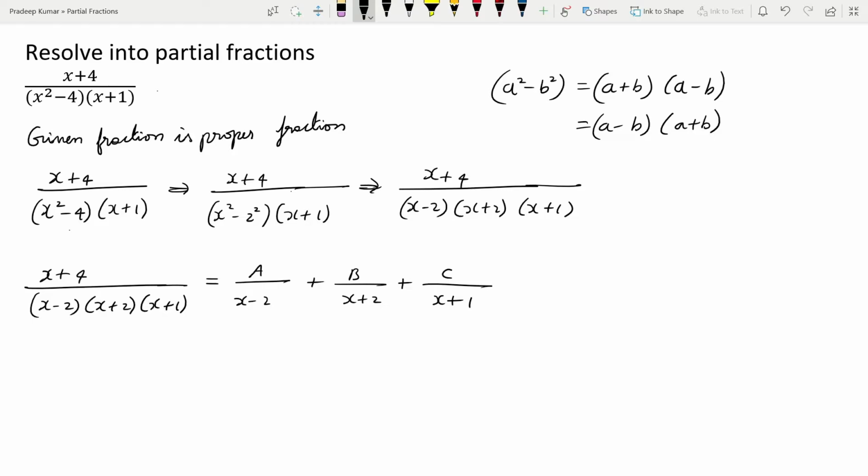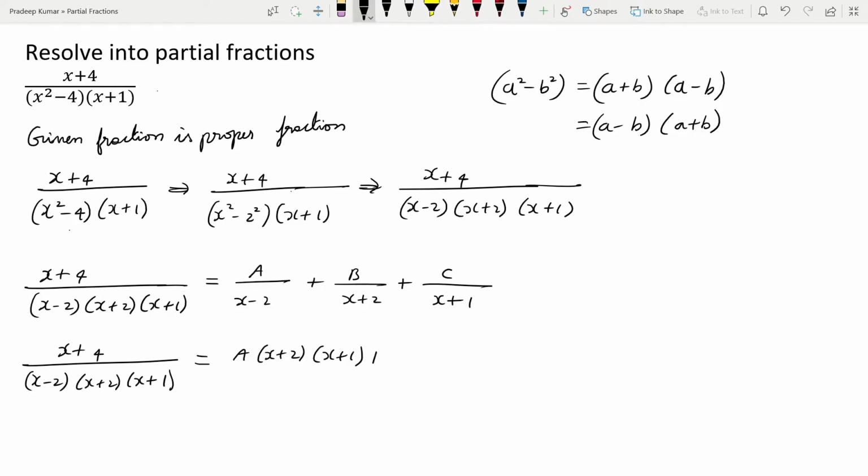Now we'll do the LCM and see what we get. So this is (x + 4) / ((x − 2)(x + 2)(x + 1)), which is equal to, here we need to do the LCM, A times (x + 2)(x + 1). As the denominator of A is x − 2, we will not take that one for A; we write the remaining two.